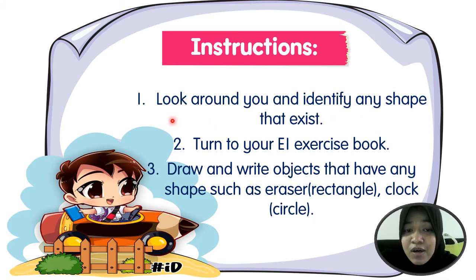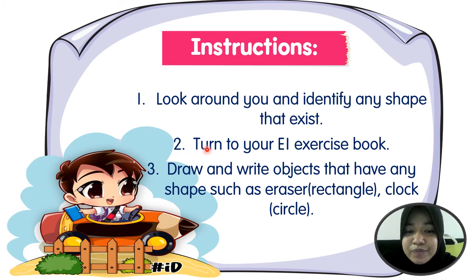Okay, first, you have to look around you and identify any shape that exists. Maksud dia kat sini, teacher nak kamu perhatikan sekeliling dalam rumah kamu dan kenal pasti bentuk-bentuk yang kita pelajari. Boleh? For example, circle, rectangle, triangle, what else? Square and apa lagi?